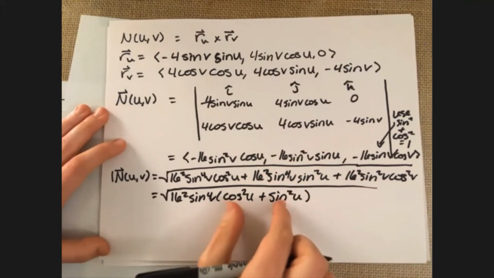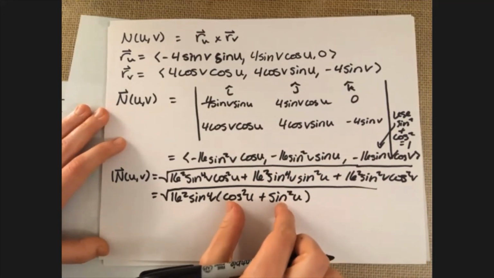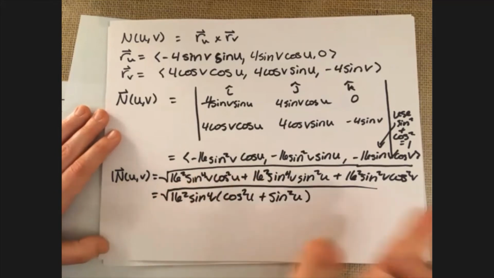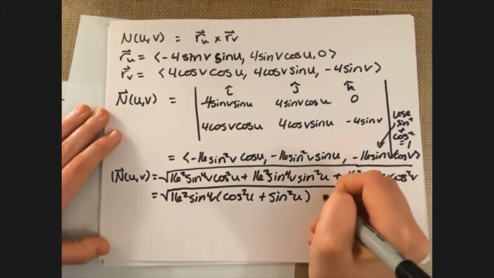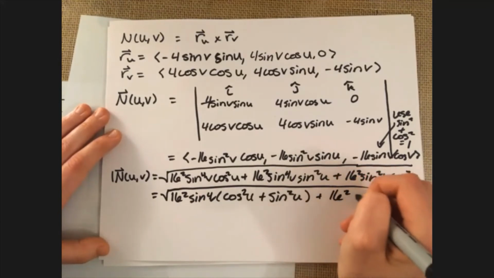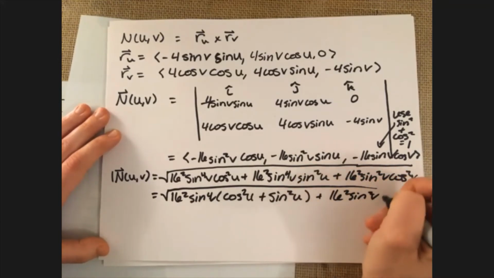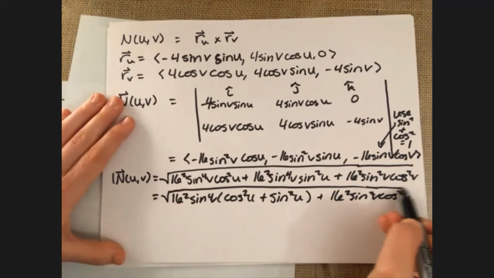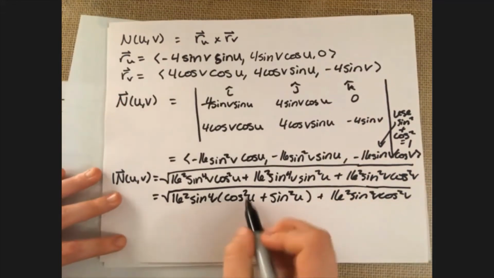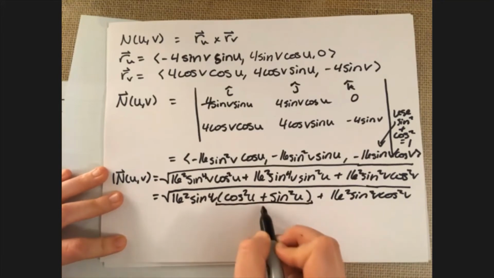Always be on the lookout for where you can create these kinds of sums, okay? Like actively be looking, okay, what can I factor to get this? So that's it right there. Plus 16 squared sine squared v cosine squared v. Now, this is just equal to 1.